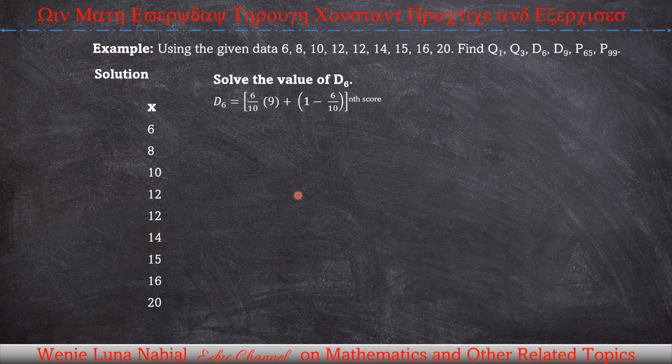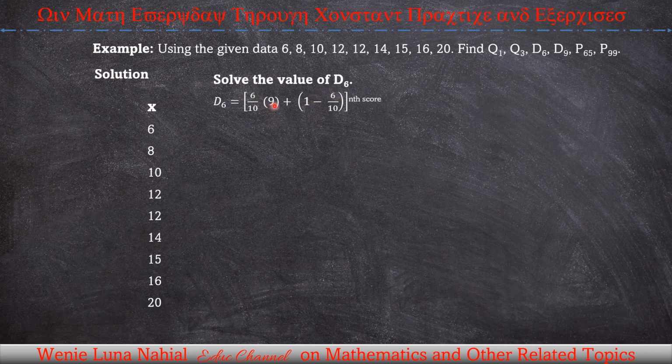So the same. From Q, we simply change it to D, then replace K by 6. Then we have 9 observations. So you have here to get the difference, 1 minus 6 over 10. So you can write 1 as 10 over 10. Then 10 minus 6, that is 4. So you have 4 over 10 here.